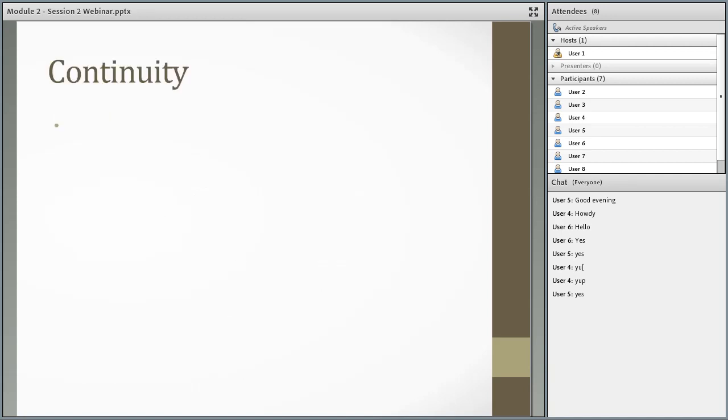Okay, so let's talk about continuity. So we've talked about continuity a little bit in the last webinar. Basically, a continuous function is a function that does not have any breaks in the graph or any holes in the graph. So we looked at a few examples last time that had things like this.